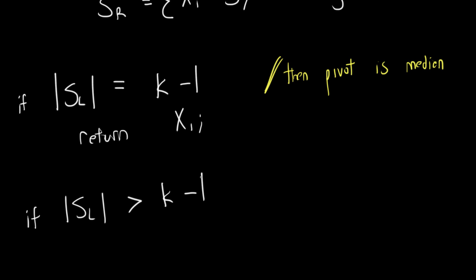Normally, if the pivot was actually the median, you'd have one less value on the left-hand side. If you have more than that, you have more values that are lower than the median, or the test median, I should say, the pivot.